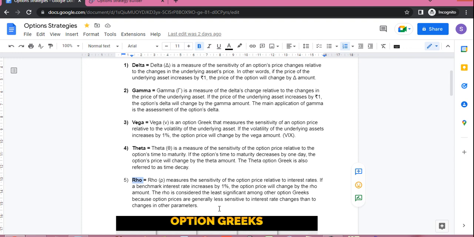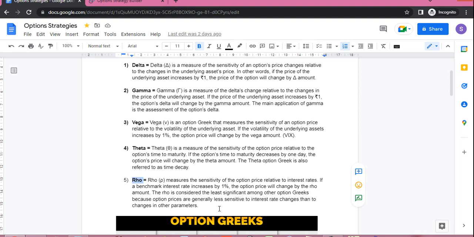So why consider rho? Because option selling is mainly done by big institutions where they borrow money from banks and other lenders by paying an interest rate. If interest rate increases, they have to borrow money at a higher rate. Then they expect the option price to go higher to compensate that.